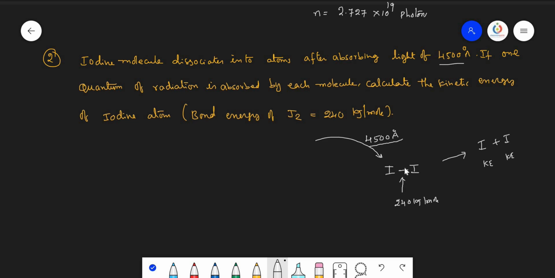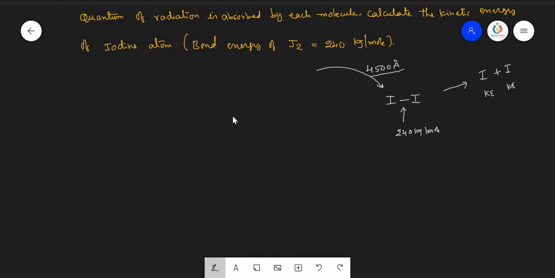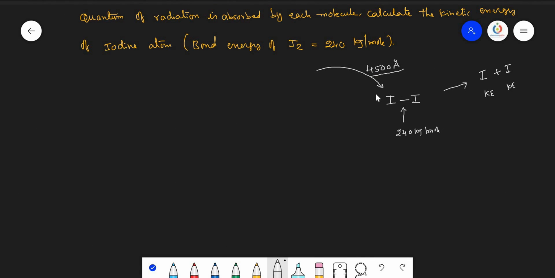This is per mole, not for one iodine. So we have to convert it for a single iodine molecule. So energy absorbed minus energy consumed, then the remaining energy will be used by the iodine for its propagation in the form of kinetic energy. So first of all, let us do energy absorbed.